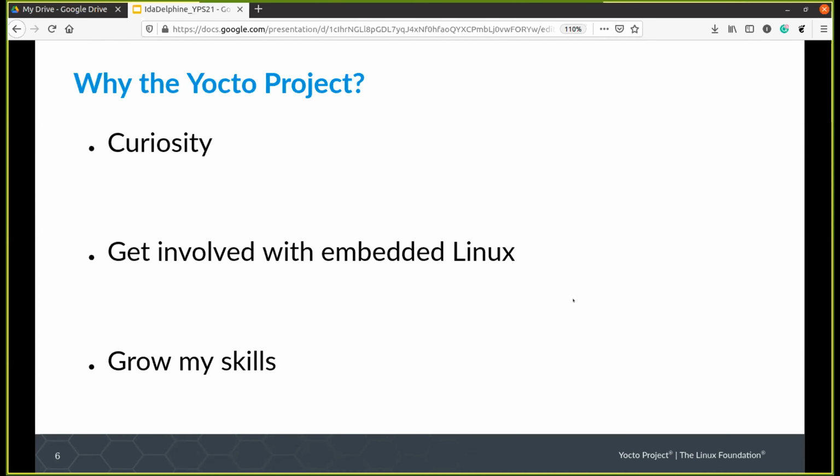So after applying for the Outreachy internship and waiting for the results, I was just going through the projects page of the Outreachy website, and I came across the Yocto project, and I read a little bit about it, and it seemed quite interesting. So I thought I should go for it since I already had interest in embedded Linux, and I thought it was going to be an amazing opportunity for me to grow my skills. And that's how I eventually reached out to Joseph.